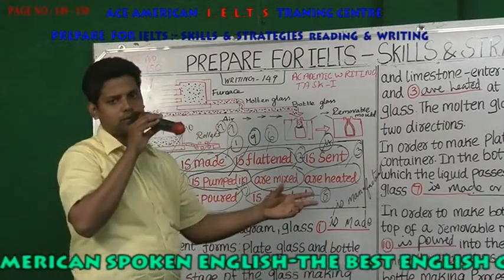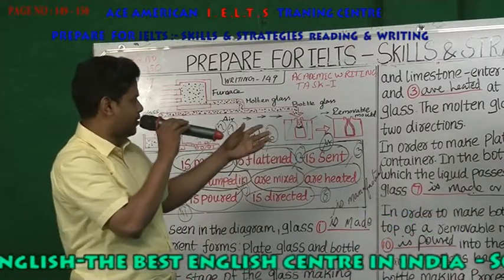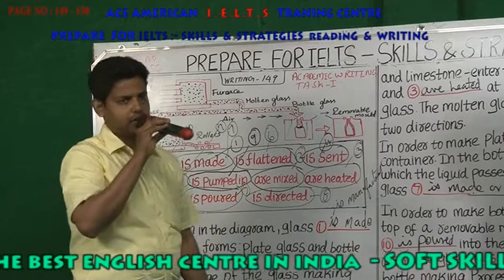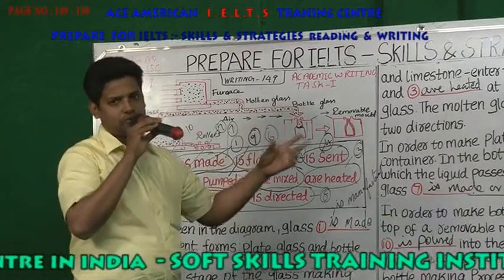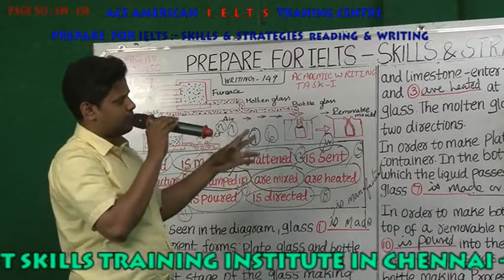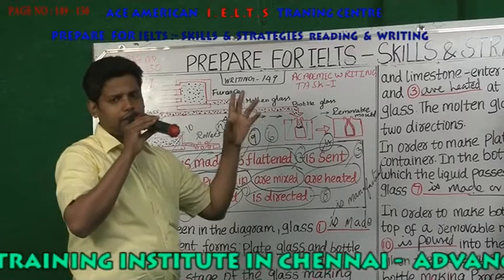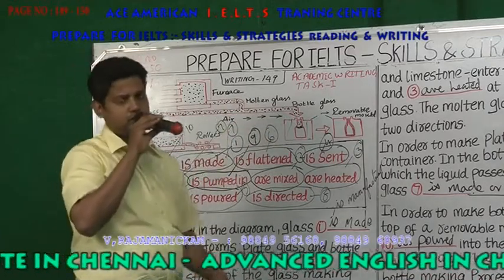That is how the bottle glass is made. From this passage we can understand the two different sentence types, compound and complex. At the same time, all these passages are narrated in passive voice. Okay, that's all.